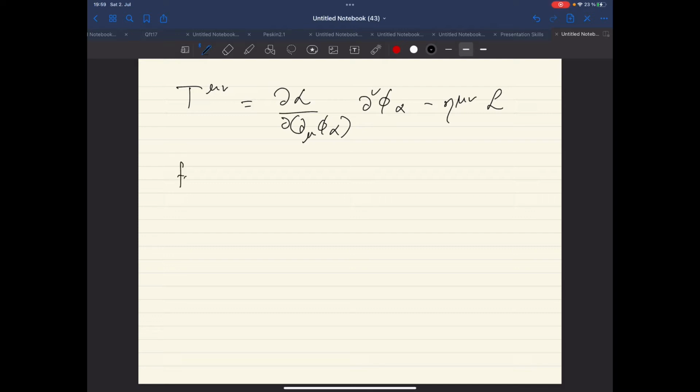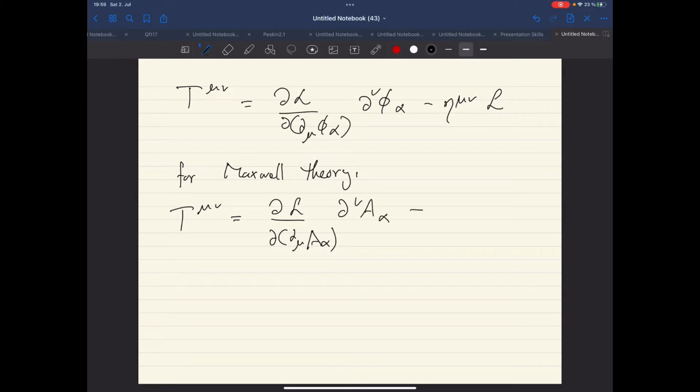So for Maxwell theory, we get the formula that T^{μν} is equal to ∂L/∂(∂_μ A_α) ∂^ν A_α minus η^{μν} times the Lagrangian density. Great, and so we can apply that.